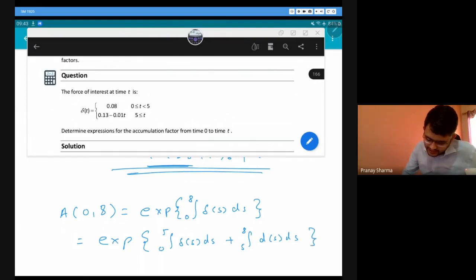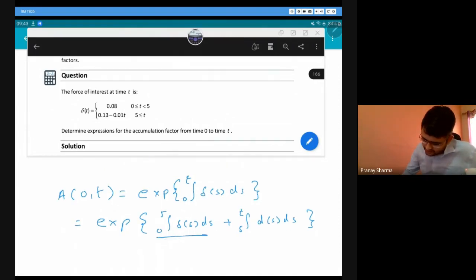Now actually, 8 we took as an example for t. So now I will replace 8 with t, and this is what they have asked us. Okay. So now for 0 to 5, our delta s is 0.08.